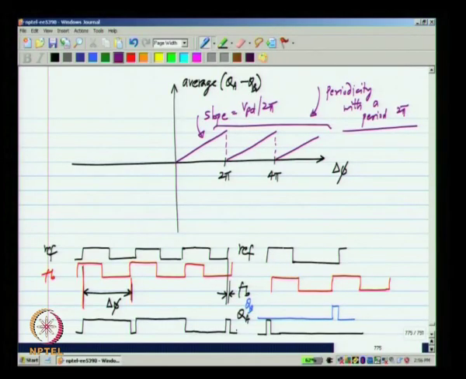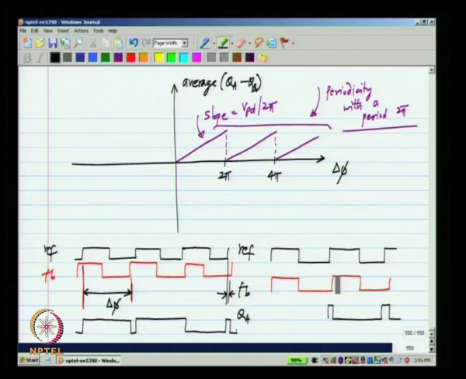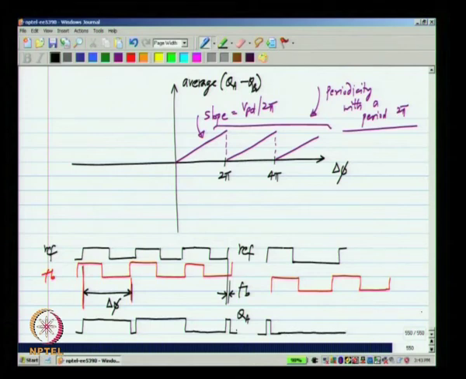Now, another interesting thing with this phase detector is, let us say you start off with the reference leading the feedback like this. Let me erase this and show a case where reference is leading feedback. So, QA will be 1, and then let us say reference starts lagging the feedback, and at this point the feedback edge appears before the reference edge.